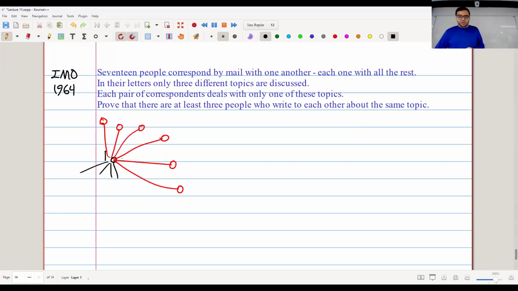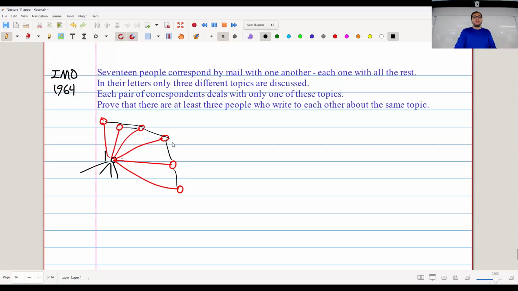Now, again, just as before, I say, look at the edges between these 6 people. So there are a lot of edges between these 6 people. If any of them is red, I have a red triangle because this person had a red edge to every one of these 6 people. So if any of these edges between pairs of people in these 6 are red, I have my solution.